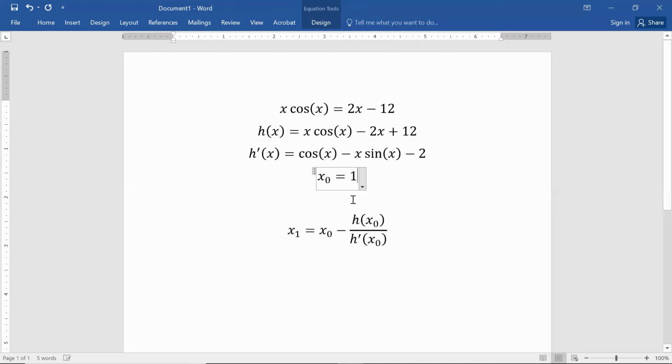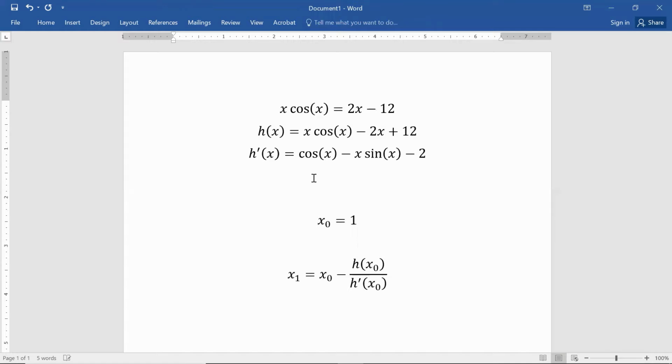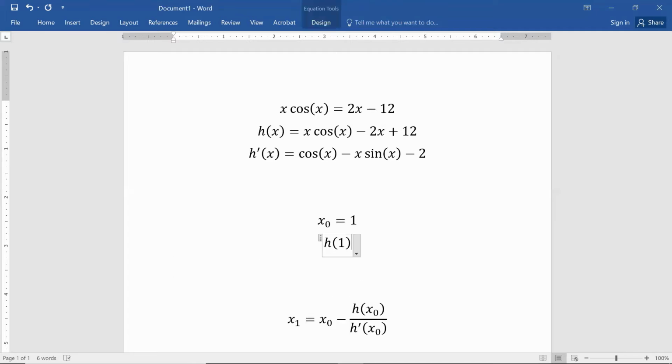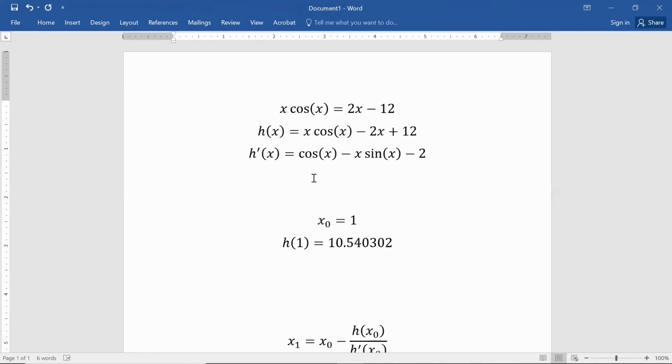Let's start with an initial guess of 1. If I plug in 1 into my function, 1 times cosine of 1 minus 2 times 1 plus 12 gives me 10.54. That's way off the x-axis. That's pretty far away from being a root, right? 10 units up.